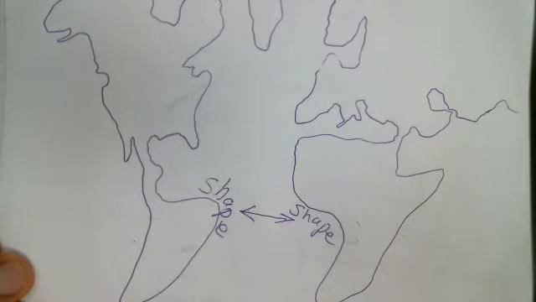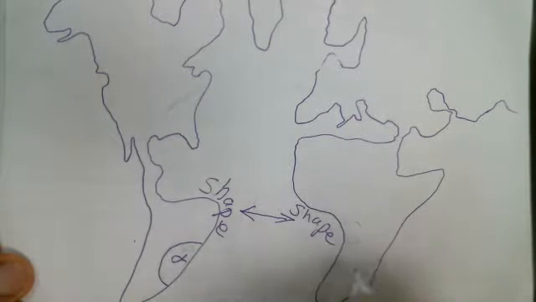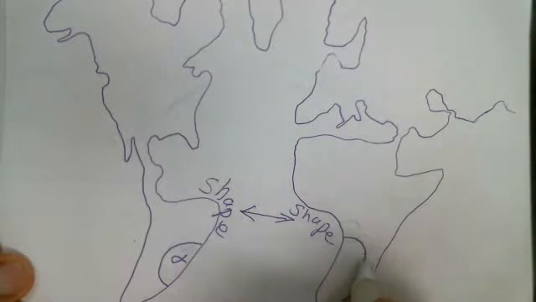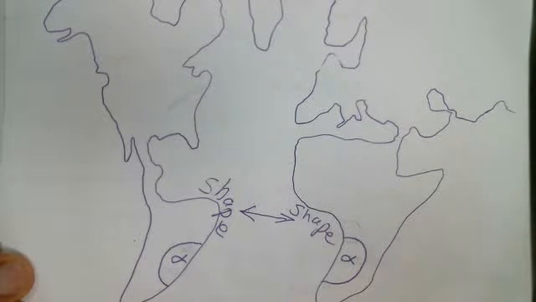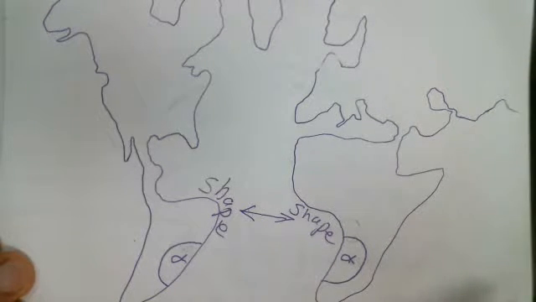Next, I want you to make a little region here and draw a little fishy symbol there, and then draw a region over here with another little fishy symbol. And what this represents are the fossils. They found some fossils of freshwater fish here and some freshwater fish over there, and these fish would not survive a trip across the salty oceans.